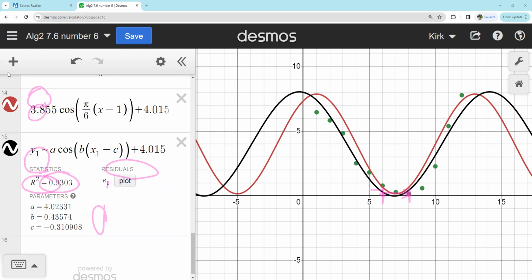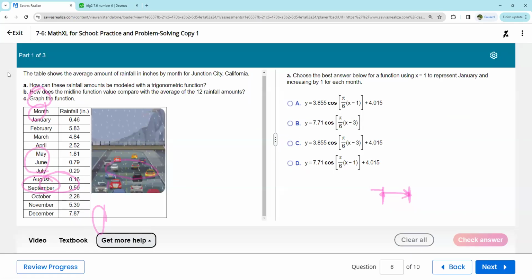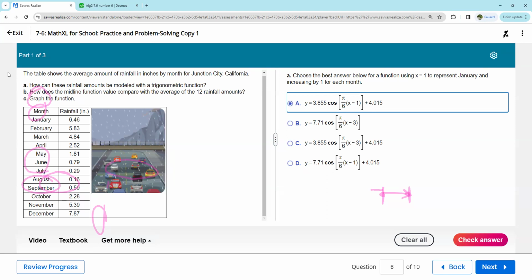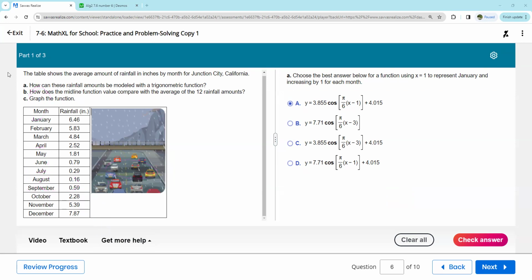Let's see if we go and select this. I'm not sure if I'm going to be able to do this. It might tell me I have to start all over. I think we had this one. And let's see, what all did we have when we were just talking about that?